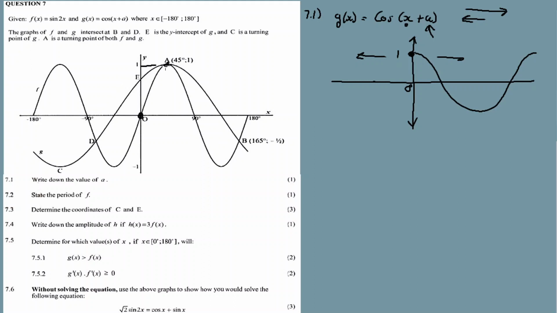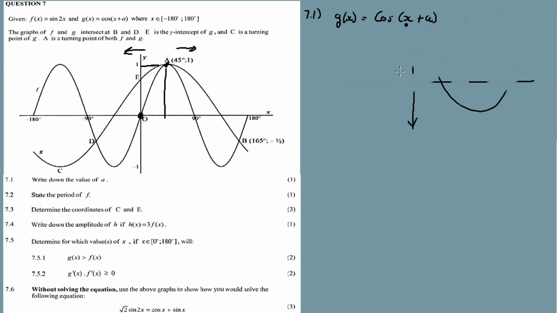The turning point at A is at 45 degrees and 1. If we shift to the right, the value of a will be negative. If we move to the left, it will be positive. So the value of a is equal to negative 45 degrees.